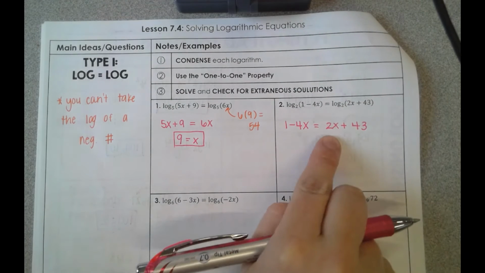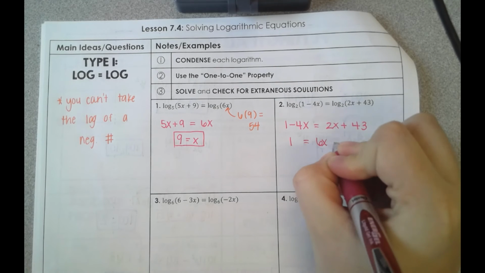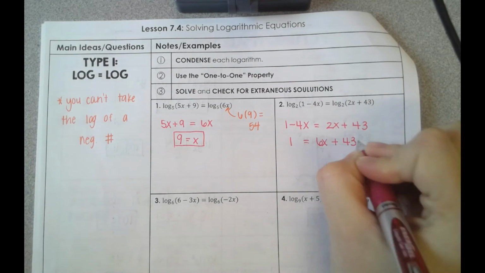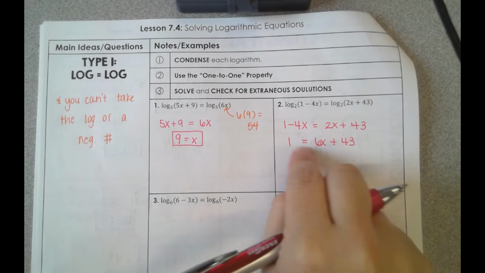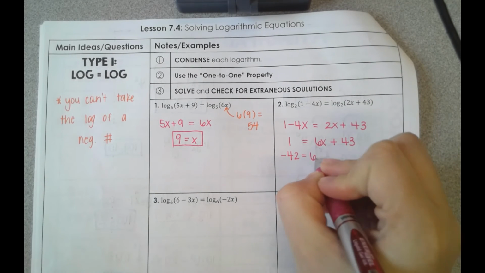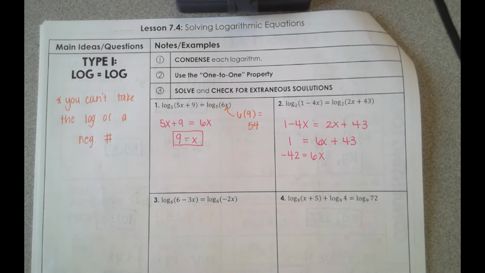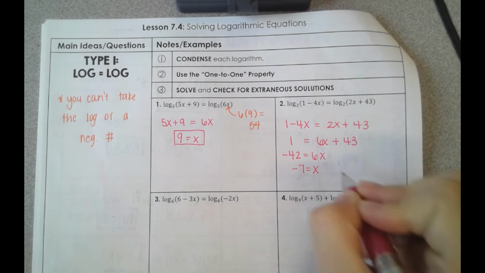If I add 4x to both sides, this is 1 equals 6x plus 43. And then if we subtract 43, negative 42 equals 6x. So negative 7 equals x.